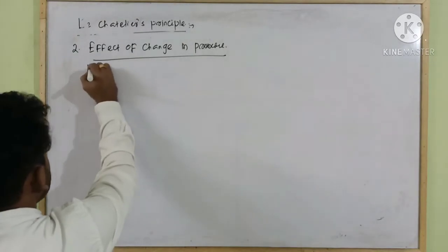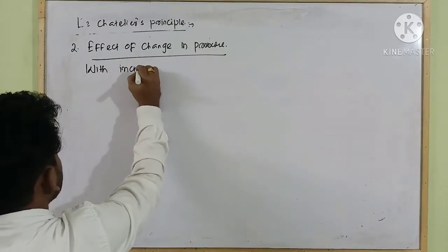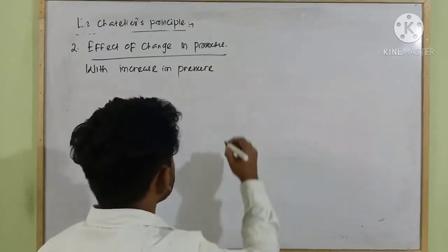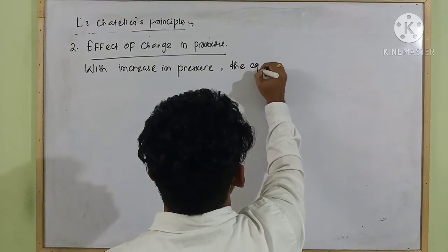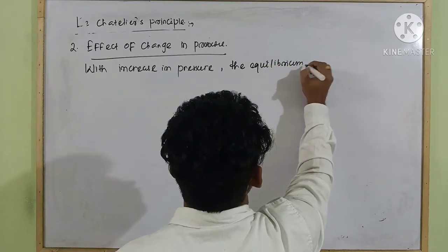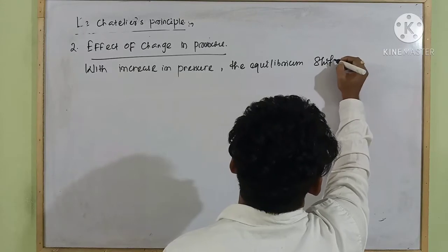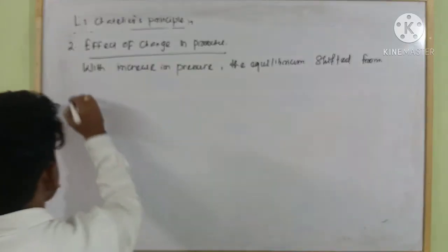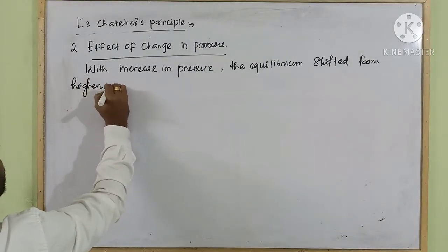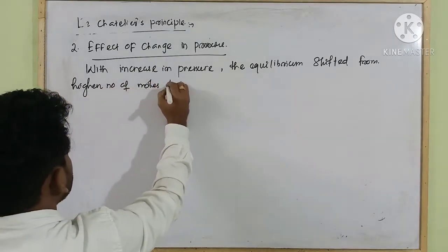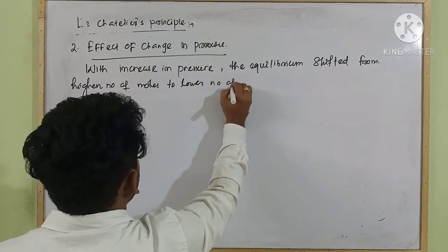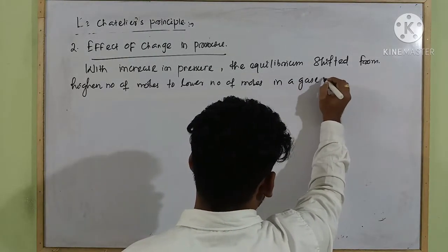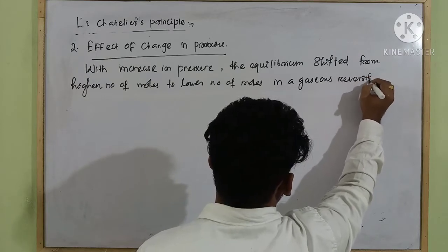With increase in pressure, the equilibrium shifts from higher number of moles to lower number of moles in a gaseous reversible reaction.